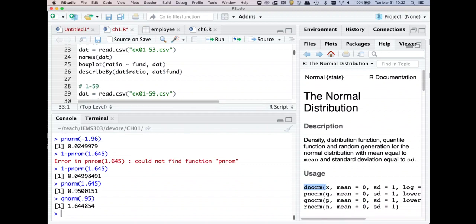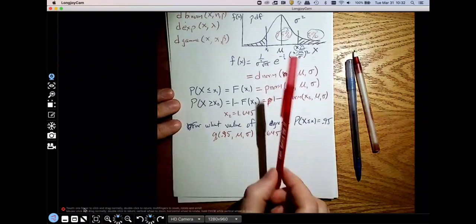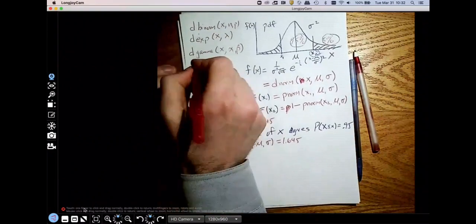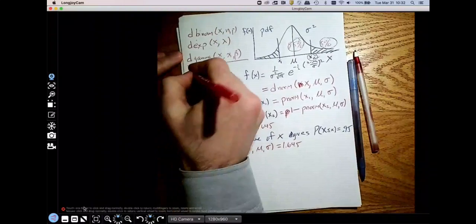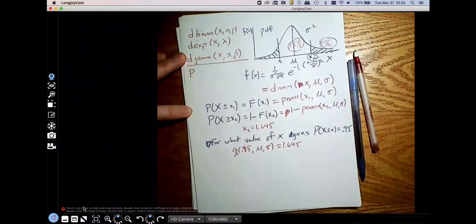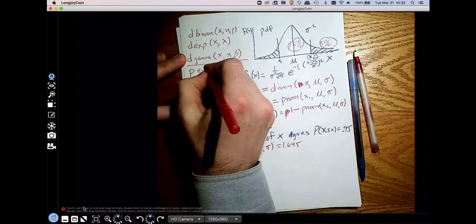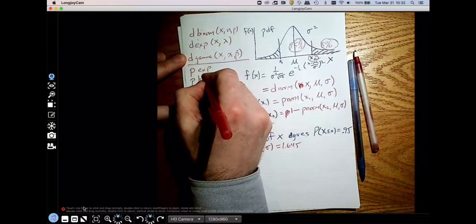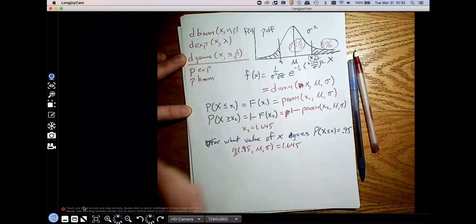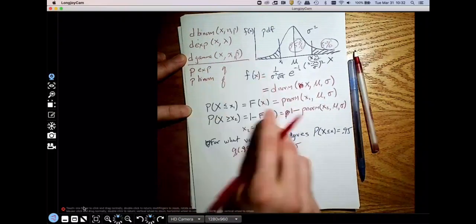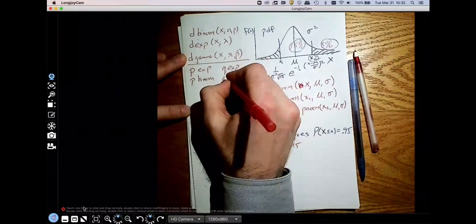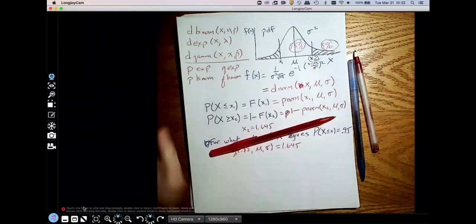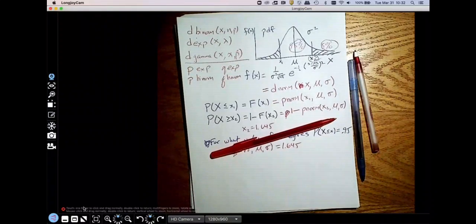What I want you to remember about this is that we have these p and q functions for every special distribution. So pexp gives us the one for the exponential distribution, pbinom does it for the binomial. Likewise, q for these: qexp and qbinom work for the exponential and the binomial distributions.